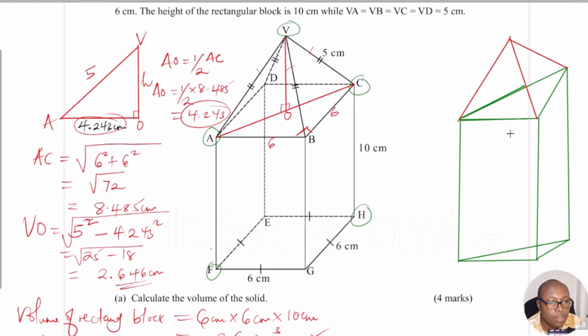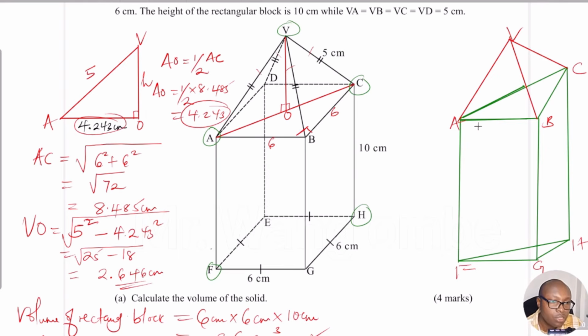We'll have those faces. You need to be very keen because I've not included the others at the back. I'm just concentrating on the faces that you can see from one end. So these are the faces, and I'll name them. This is V, we will have that face, then we have B there, we have C there, and then we have F, G, H. So these are the faces that you will have to calculate.